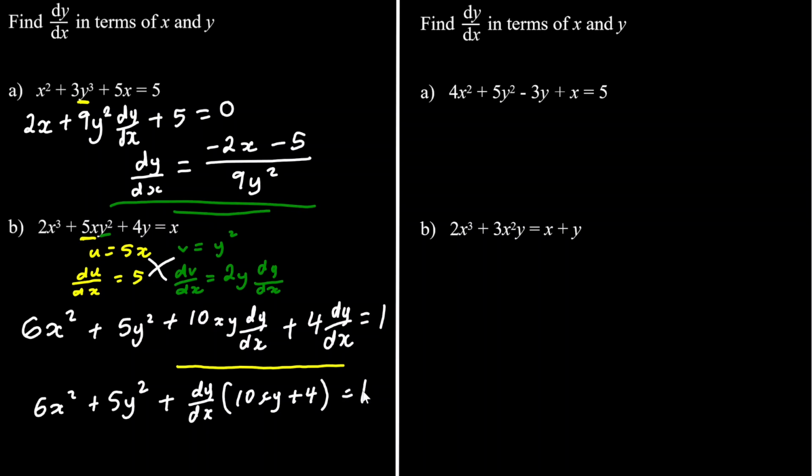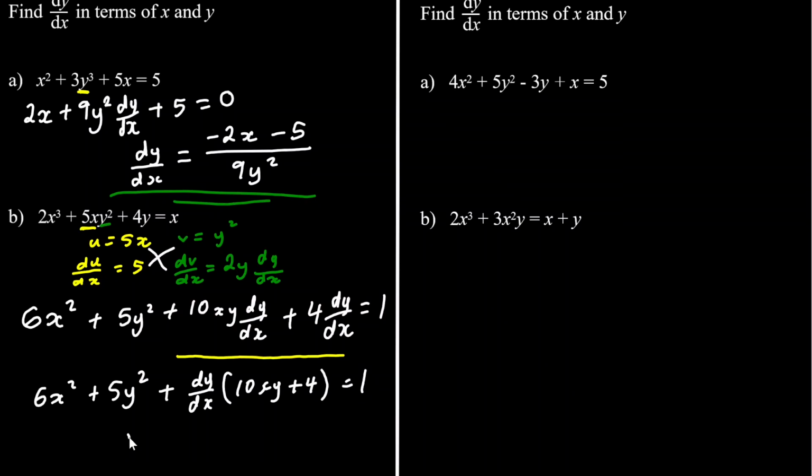And then get dy dx by itself. So dy dx is equal to 1 minus 6x squared minus 5y squared all over 10xy plus 4.